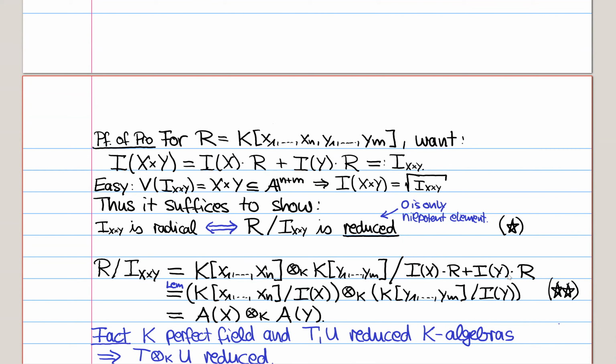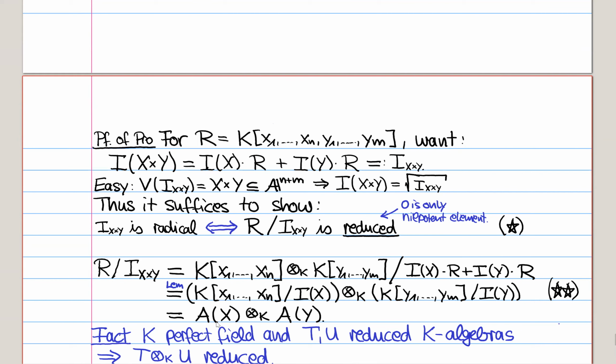And this was exactly the setting of the lemma, which told you that taking such a quotient, you can also take the quotient of the first ring by the first ideal and tensor with the quotient of the second ring by the second ideal. That was where we needed the lemma. And then if you just look at this, this is the polynomial ring modulo I(X).